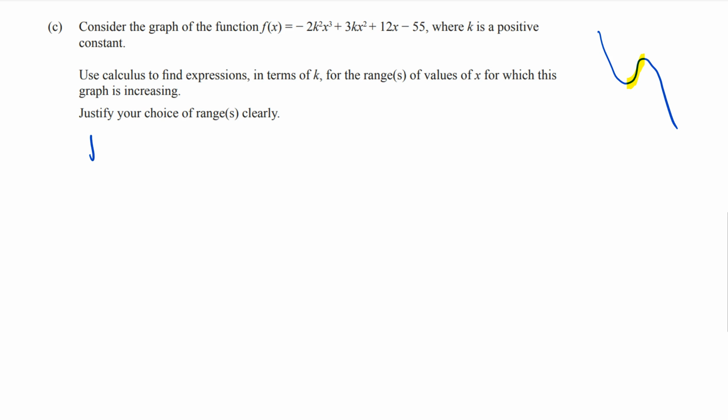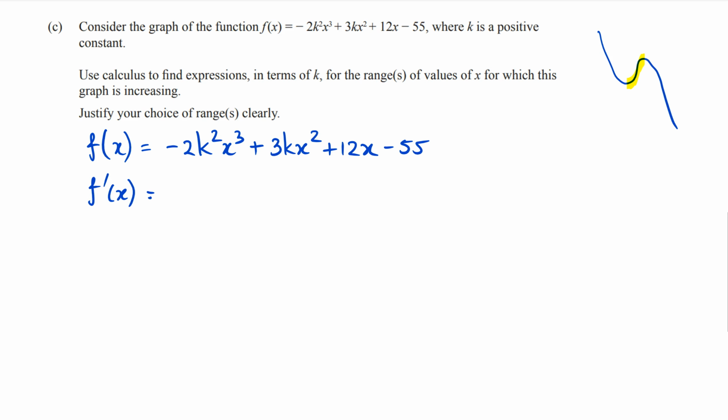So anyway, what we're going to do is figure out what f dash of x is first. So we've got -2k squared x cubed plus 3k x squared plus 12x minus 55. And so we're going to differentiate this now. When we differentiate this, we're going to get -6k squared x squared plus 6kx plus 12, and the 55 ends up being a 0, so we don't really need to worry about it.